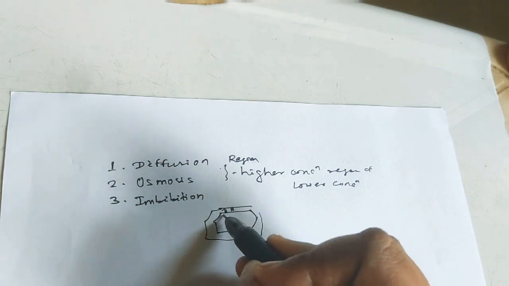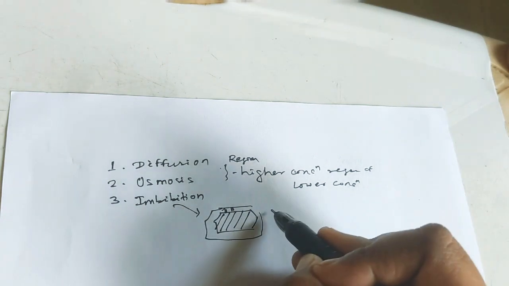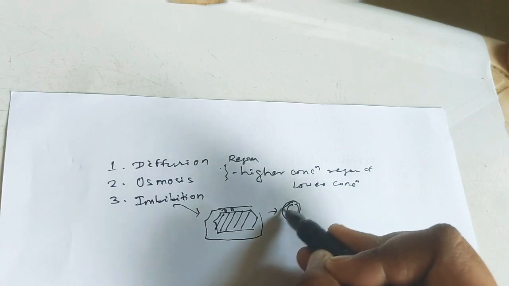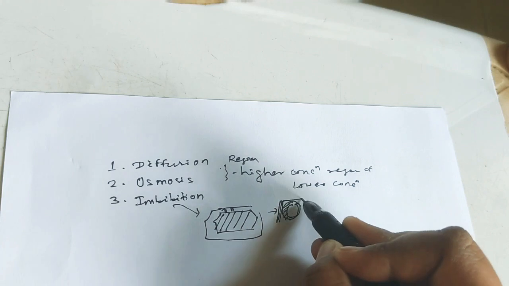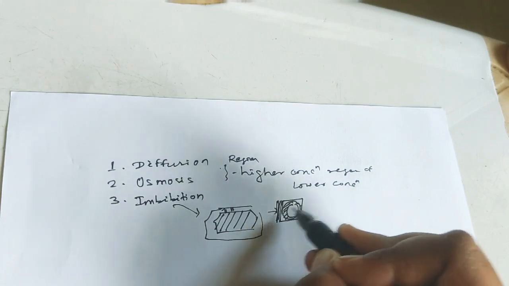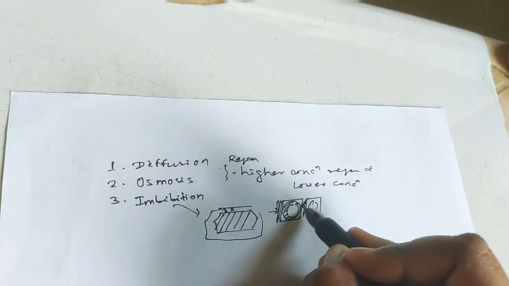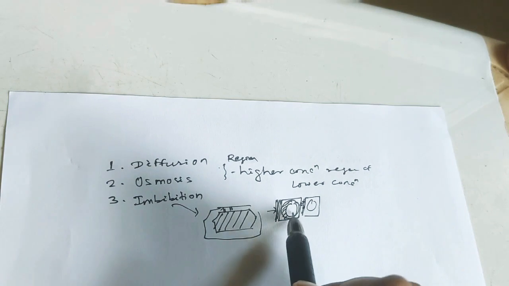It is not absorbed by the whole cell. In imbibition, only the cell wall or the other layers of the cell, like the cementing layer, take up the water, not the inner side of the cell.